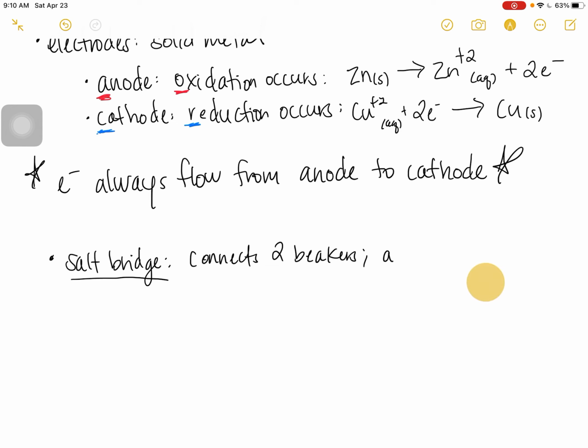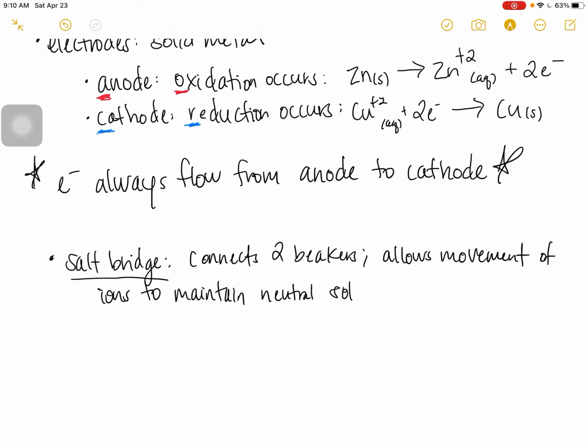And it's important because it allows movement of ions to maintain neutral solutions in the beaker. And I'll explain what I mean by that.